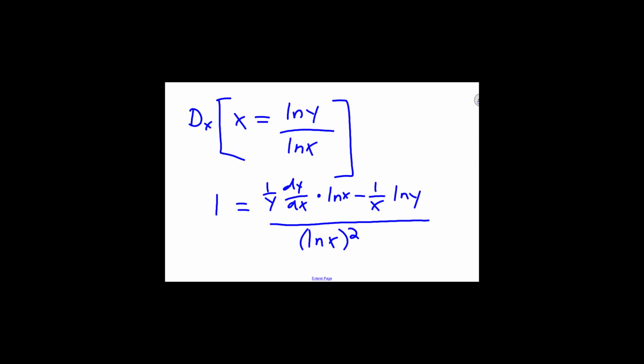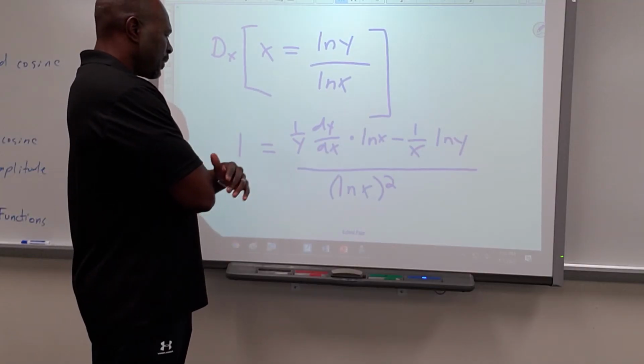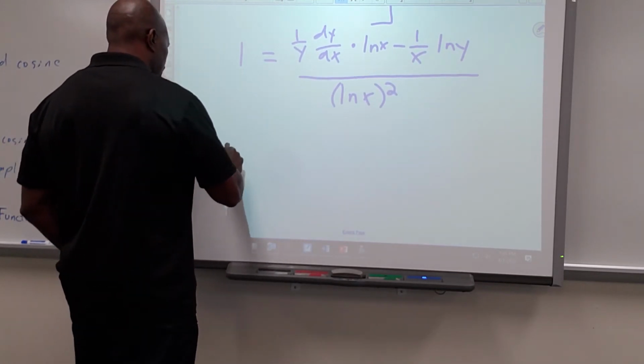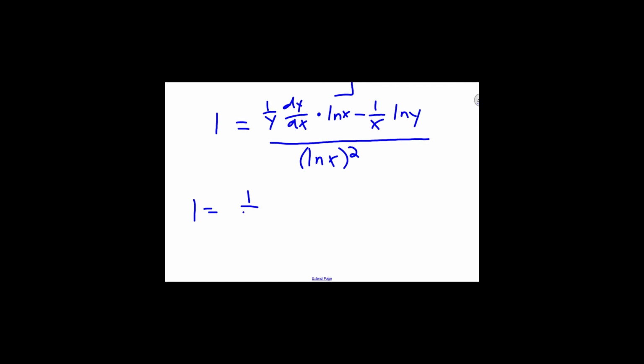And I think I'm able to do that with the way this is presented here. So let me simplify some of this stuff in the numerator. So 1 equals 1 over y dy by dx times ln x, so ln x over y dy by dx, minus ln y over x, that's 1 over x times ln y.